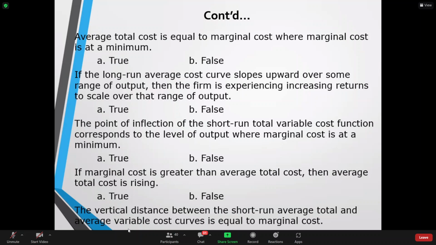A point of inflection of the short run total variable cost function corresponds to the level of output where marginal cost is at the minimum.